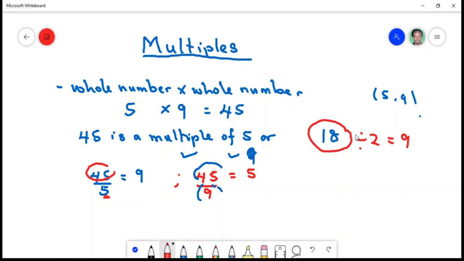And because 18 is exactly divisible by 2, I can say that 18 is a multiple of 2. If it was the other way, then 18 would have been a multiple of 9.